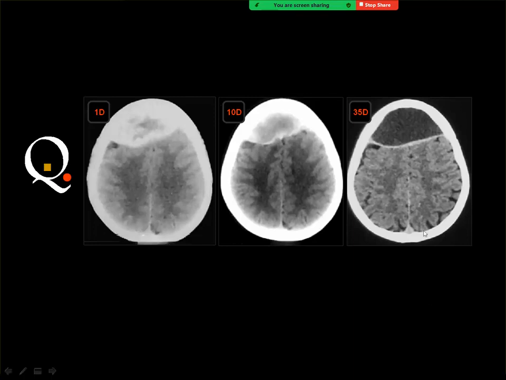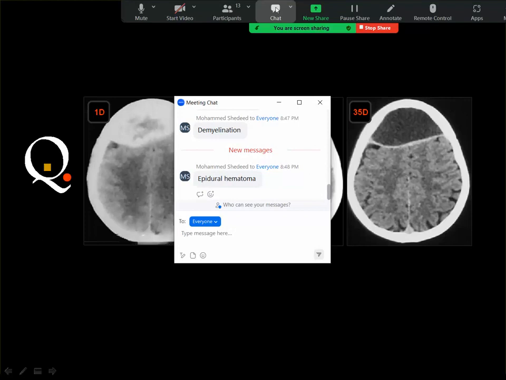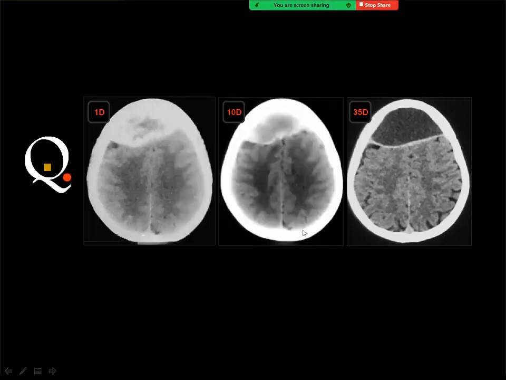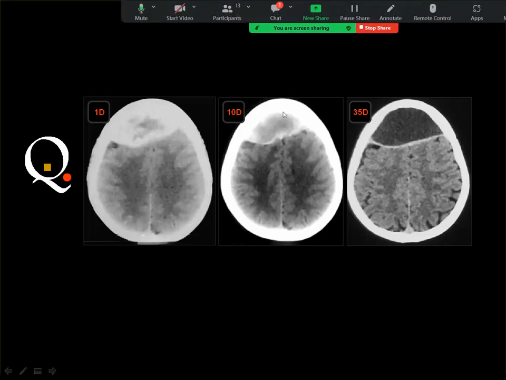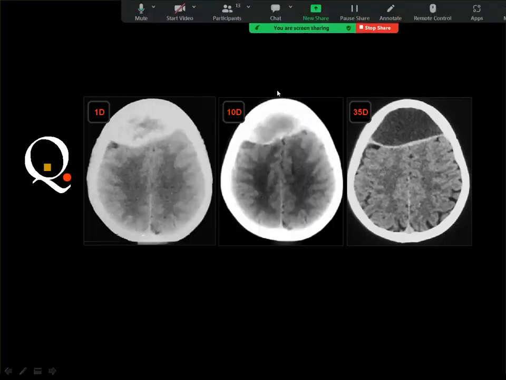This is a CT scan obtained at day 1, day 10, and day 35 of a patient with this lesion. Yes, and this is the site and the appearance of an epidural hematoma, which is showing some aging process.